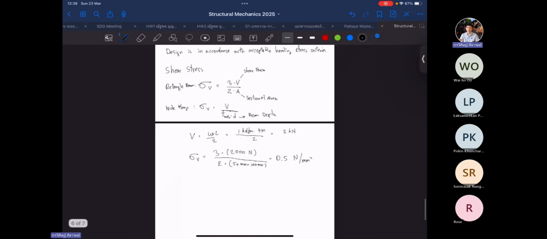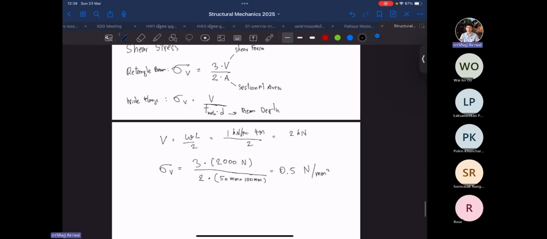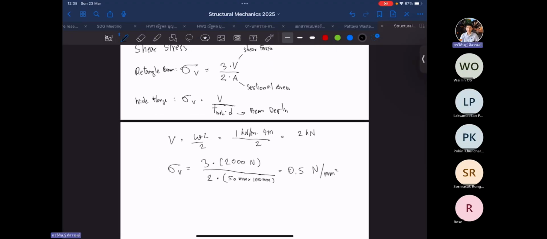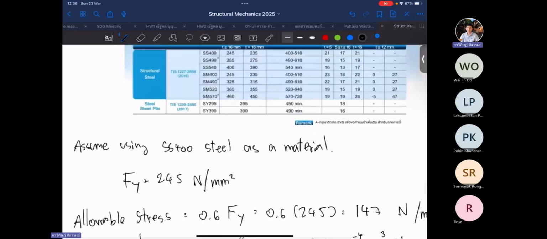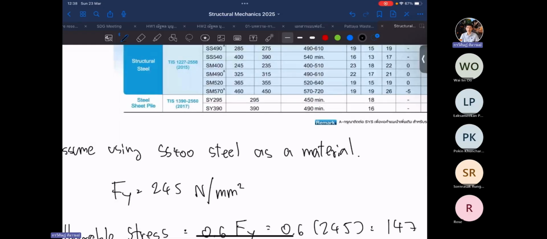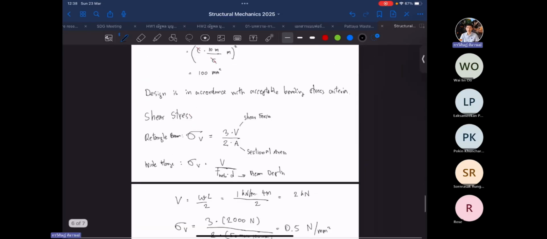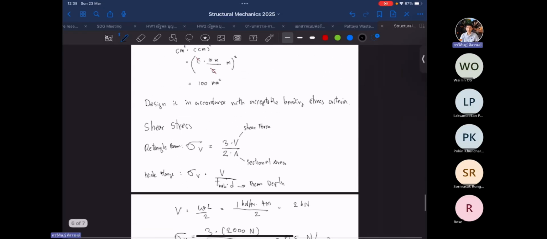Okay, like this, and then for the shear stress criteria we can check. Okay, so this one is just 0.5, but our material can withstand up to 245, so it automatically passes the criteria like this.